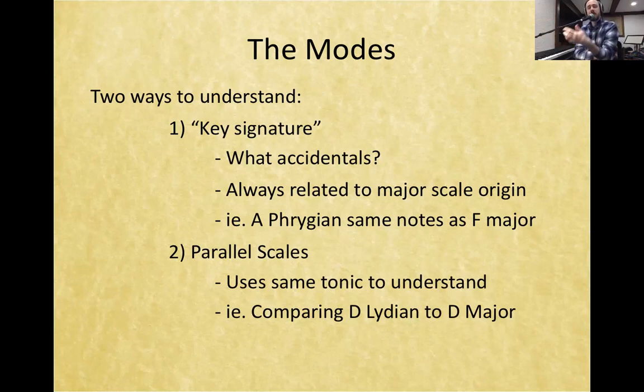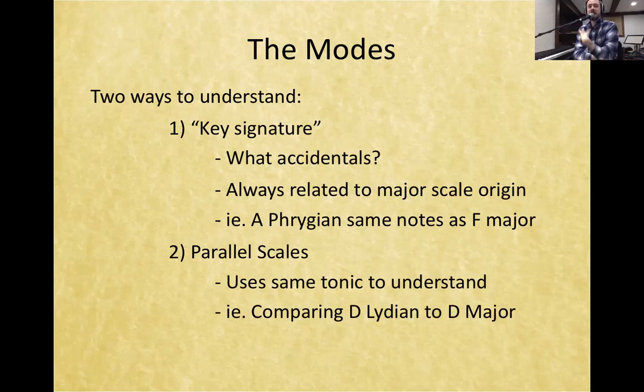But the parallel scales model keeps the same tonic, D. We're always thinking about a scale based around D here. Or we could do the same thing for the top example. Instead of comparing A Phrygian to F major, we would ask how A Phrygian compares to either A major or A minor. So that's the big distinction here.